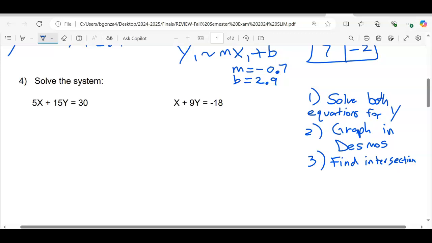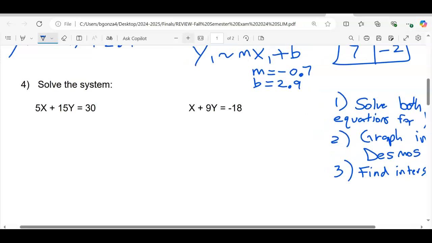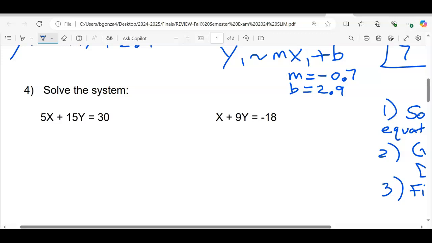Let's do this. So the first one, we're going to need to solve for y. So I need to get rid of a positive 5x. What is the opposite of positive 5x? Negative 5x on both sides. Cancels this one out. Bring down 15y equals.